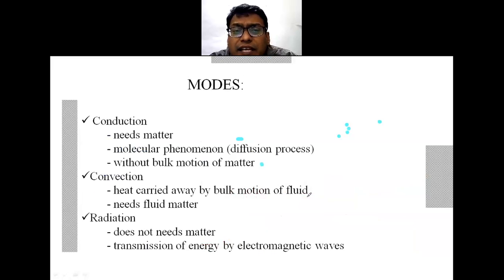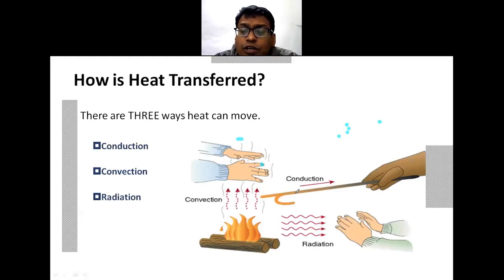So what basically is required in case of conduction? Conduction needs matter, molecular phenomena, and is without bulk motion of the matter. So when we talk about conduction, matter is required.